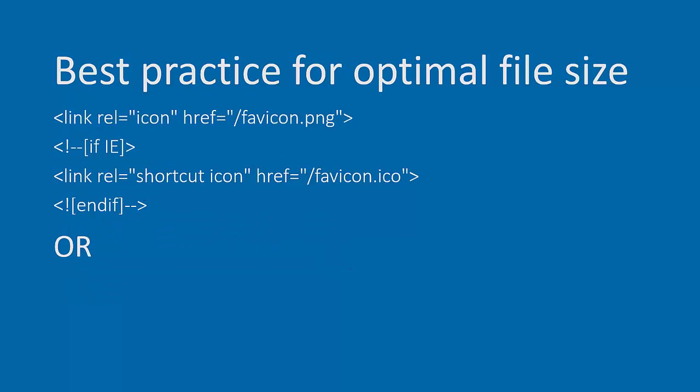So if you want to show your nice, really small PNG file and have Internet Explorer show a file as well, you're going to link to just an icon and then the favicon PNG, and then in conditional tags we can say the shortcut icon and then the favicon ICO, and this is what Internet Explorer will get. Now Internet Explorer 10 doesn't listen to these conditional tags anymore, but since both files are here, it'll find the ICO file, so we're pretty much safe.